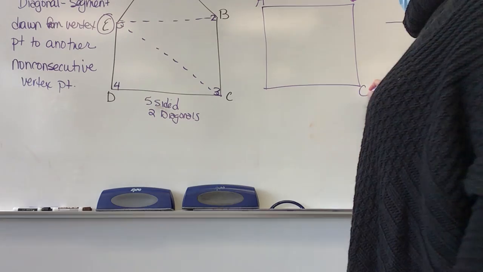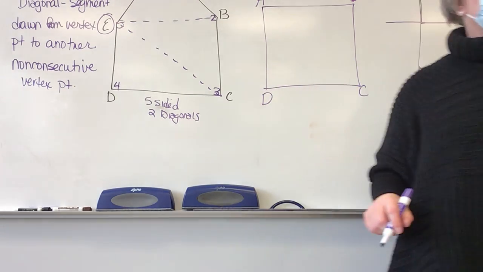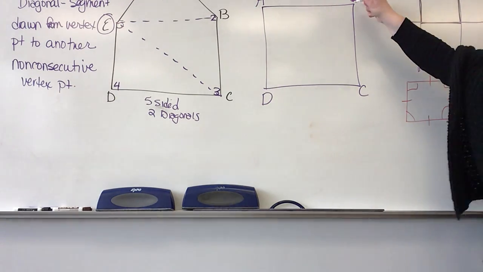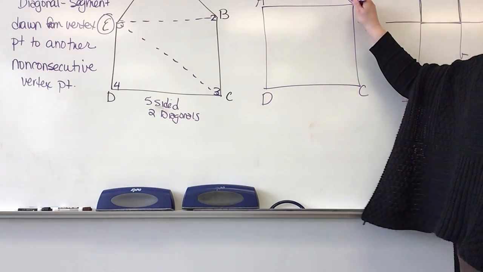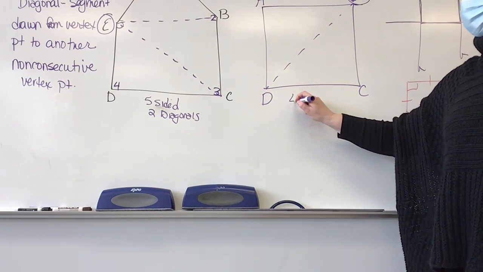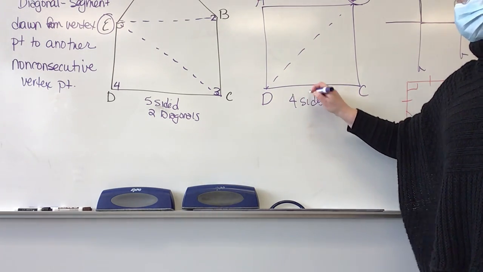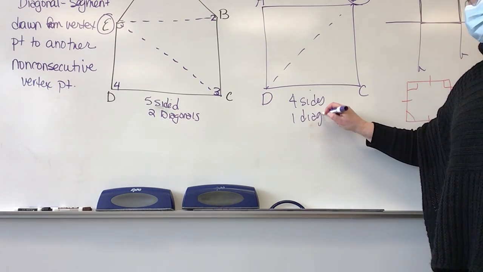A, B, C, D. If I randomly choose vertex B, how many diagonals can I draw just from vertex B? 1 to who? D. That was really good. 1 to D. So look, 4 sides, 1 diagonal.